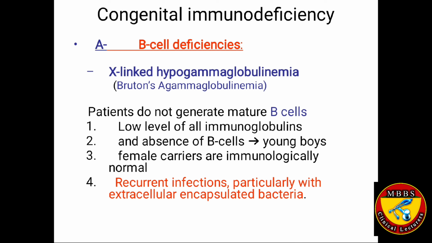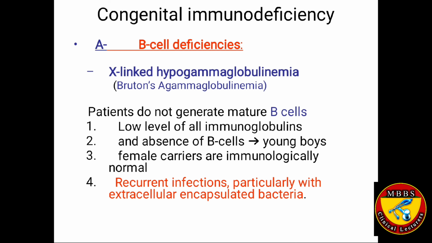Among these primary, congenital immunodeficiencies, let's start with B cell deficiency. As you know, B cells produce antibodies. In this category, number one is X-linked agammaglobulinemia, also known as Bruton agammaglobulinemia.